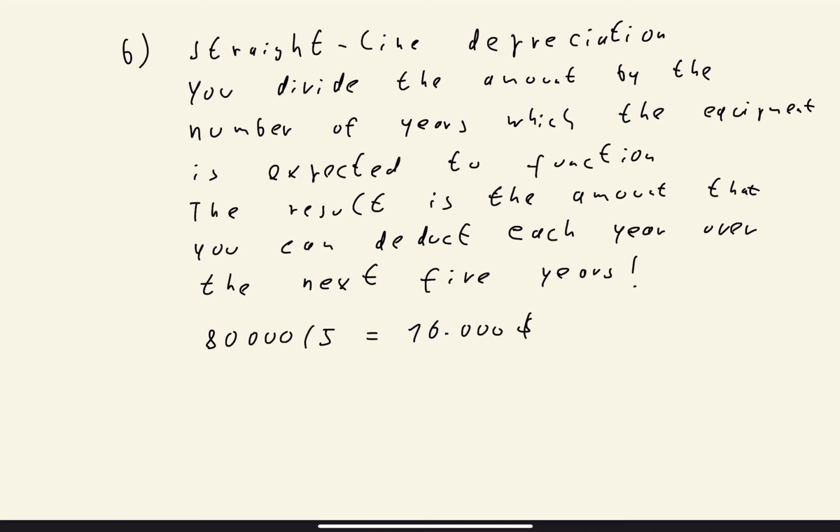But since some of the deductions are happening in the future, we need to discount them with the according interest rate, which was 5%. So therefore, the present discounted value is then 16,000 plus 16,000 divided by 1.05.